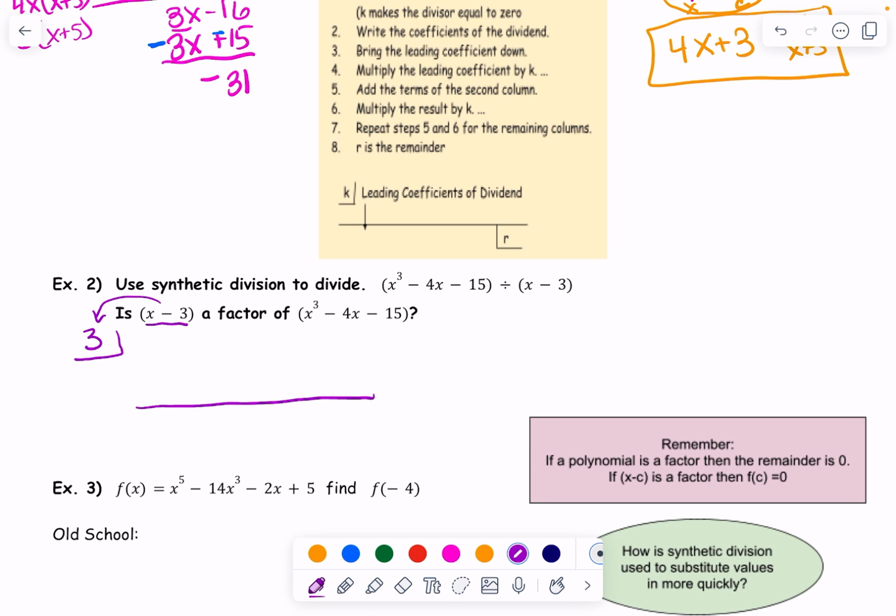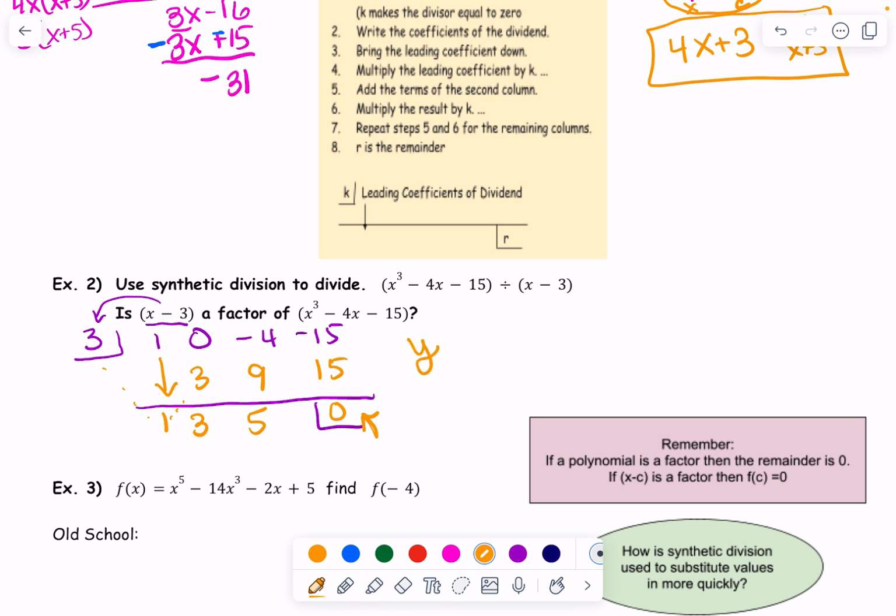So I take my coefficients, 1, and then 0, negative 4, and negative 15, and we would bring this down. 3 times 1 is 3. Add going down is 3. 3 times 3 is 9. Add going down is 5. 5 times 3 is 15. Add going down is 0. So this one had a remainder of 0.